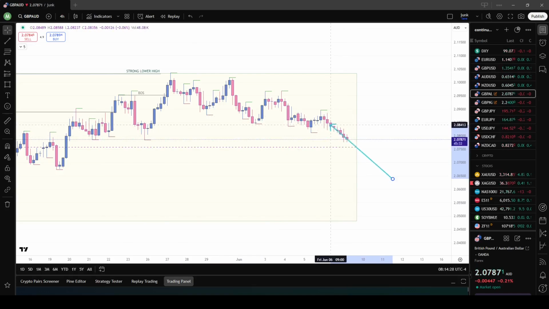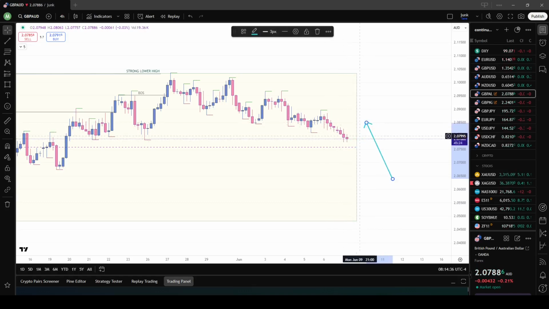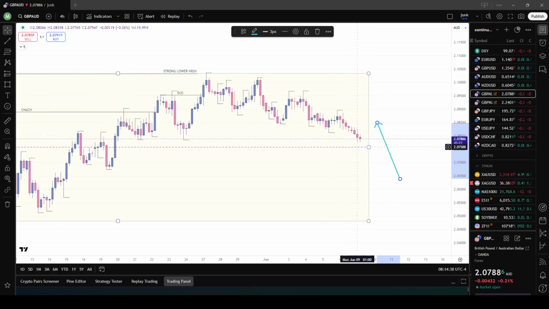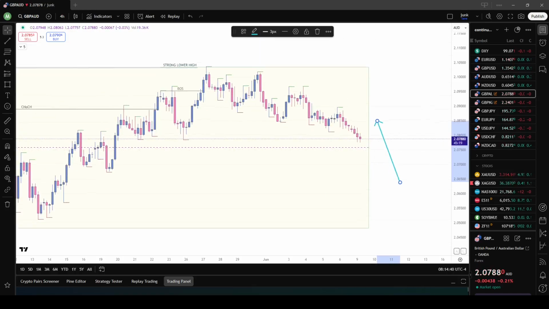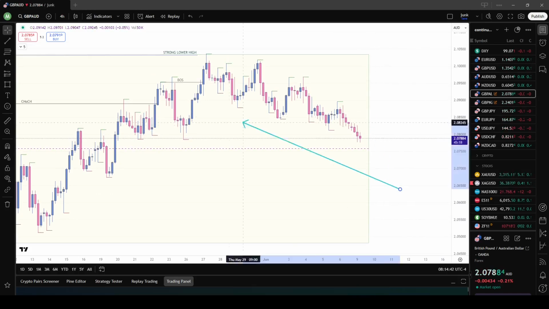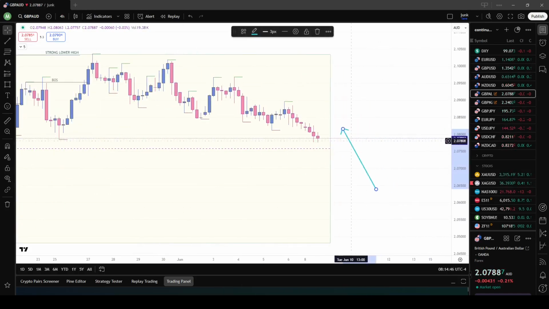This looks like it's corrective in nature. A descending channel, small candles. So again, good confirmation. I'm looking for a strong bearish momentum to pick up and to pass these lows before I get involved with any type of selling opportunity, but only looking for sales right now.